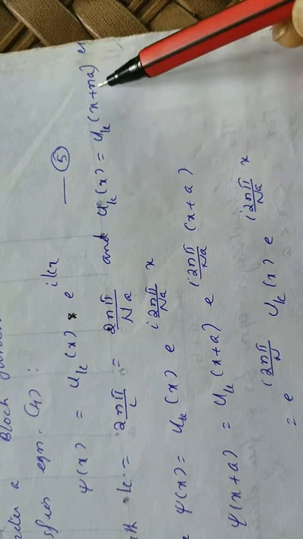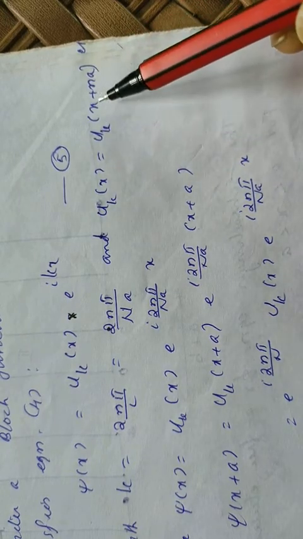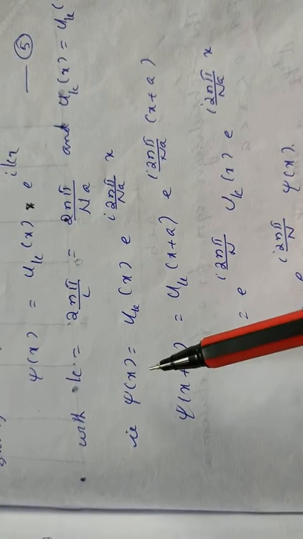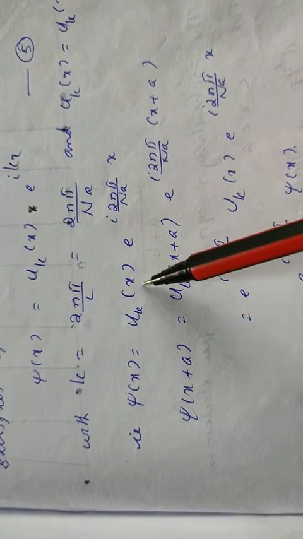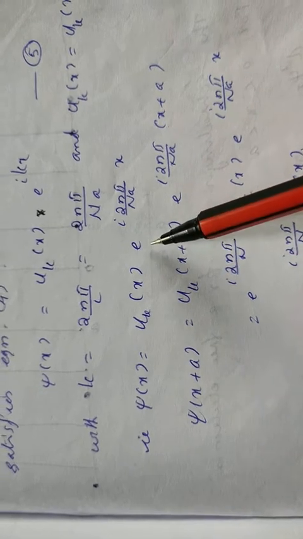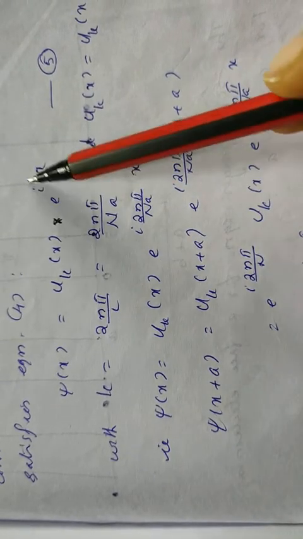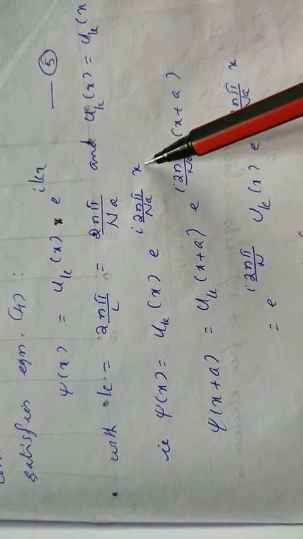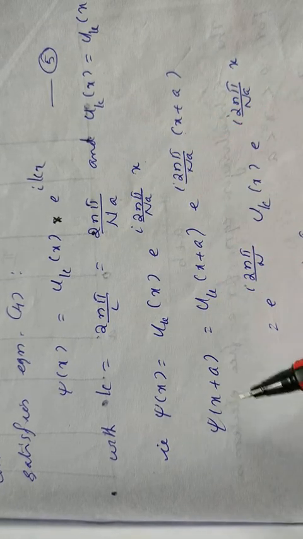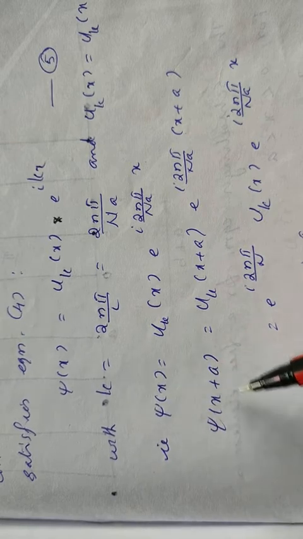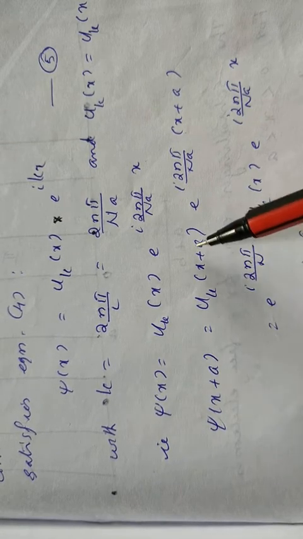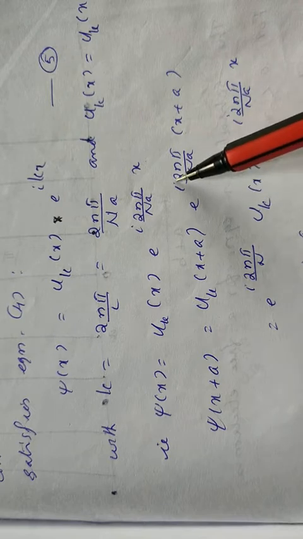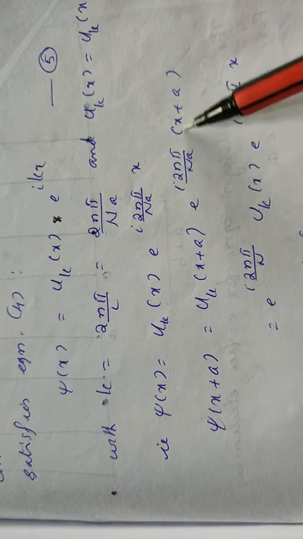That is, psi of x is equal to uk of x into e to the power i 2n pi by N a into x. Similarly psi of x plus a can be written as uk of x plus a into e to the power i 2n pi by N a into x plus a.